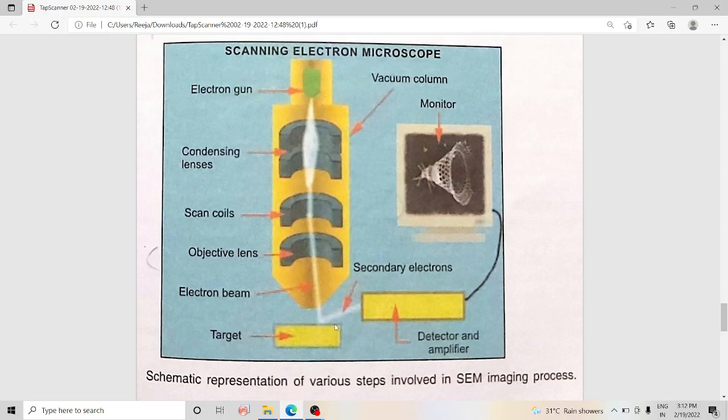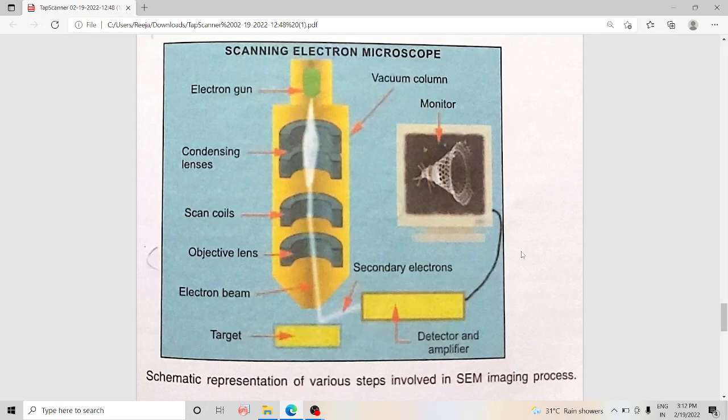From each point of the sample, depending on its topology and morphology, different numbers of secondary electrons will be emitted, because at different points the topology and morphology of the sample will be different. These secondary electrons from each point are detected by the detector.